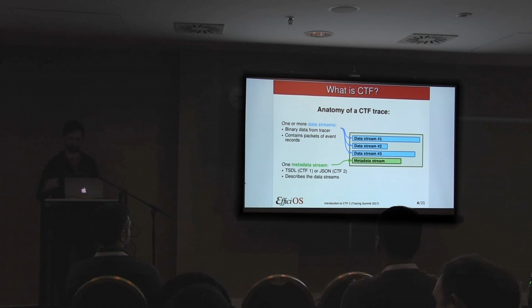There's no description of the layout of the data within the data streams. A separate metadata stream provides this description. In CTF1, the metadata stream contains a textual representation of the data stream layout written in TSDL, the Trace Stream Description Language. And as I will show you, we move to JSON for CTF2.